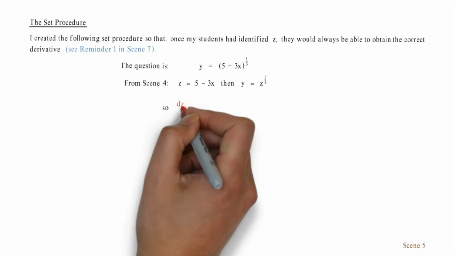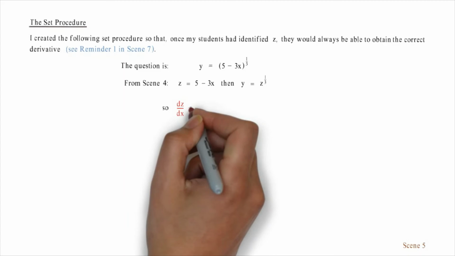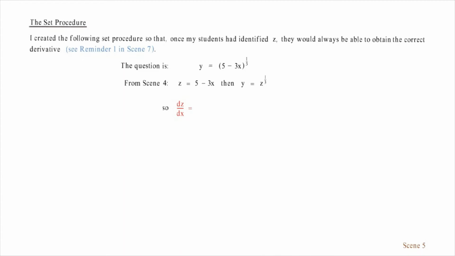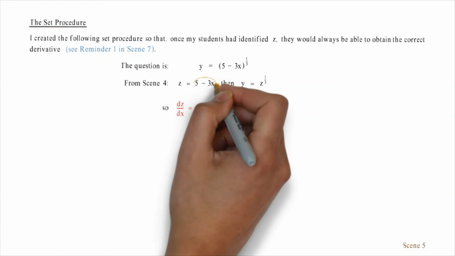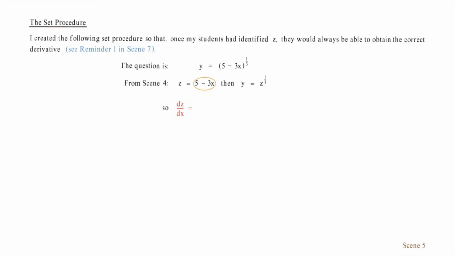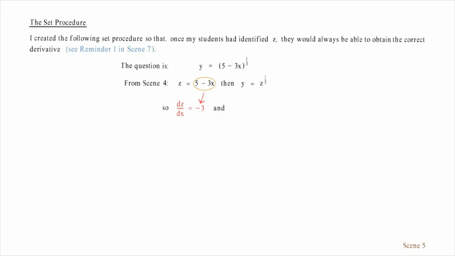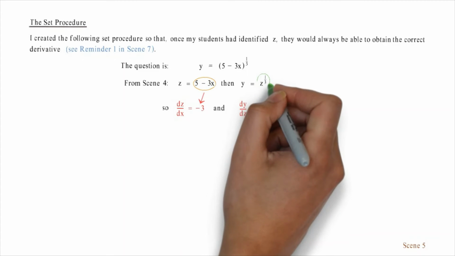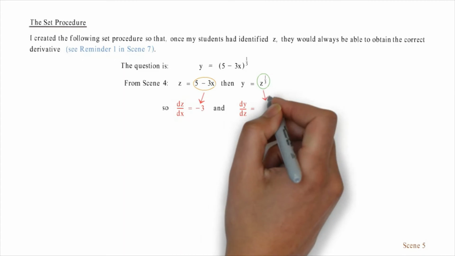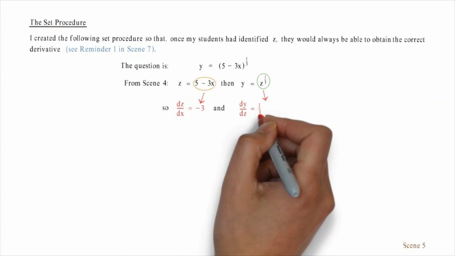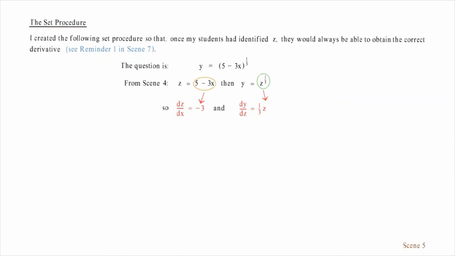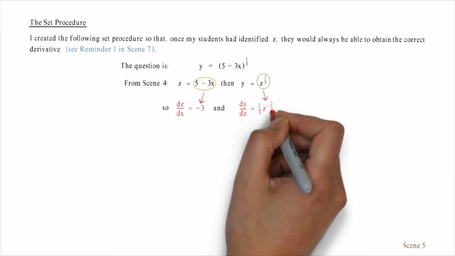So dz by dx equals the derivative of 5 minus 3x, which is minus 3, and dy by dz equals the derivative of z to the 1/3, which is 1/3 z to the minus 2/3.